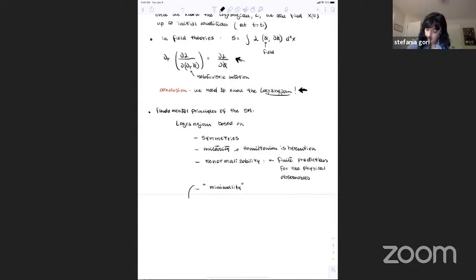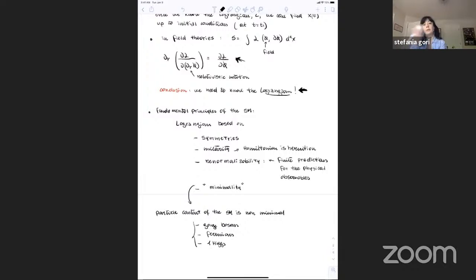So as you see, I put this word in quotation marks, and the reason being that the particle content of the standard model, as we'll see, is highly non-minimal, since, as we'll discuss quite a bit, we have a set of gauge bosons, we have a lot of fermions, and one Higgs.